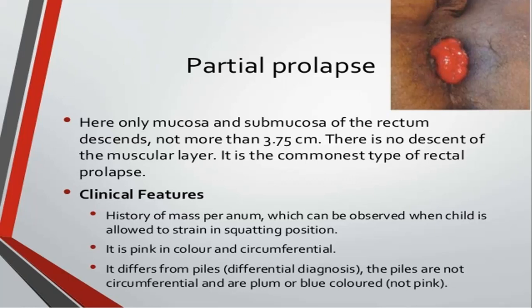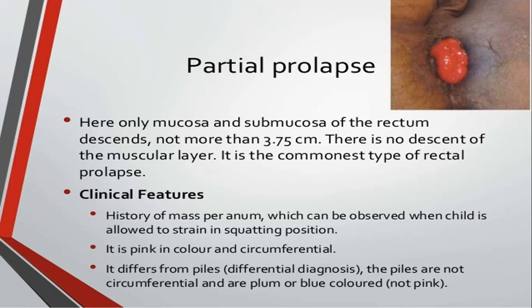It is not more than 4 centimeters, around 3.8 to 4 centimeters, like two finger breadths. There is no descent of the muscular layer, and it is the commonest type of rectal prolapse. So you confirm it's a partial prolapse, and it doesn't lead the muscular layer to come out from the anal verge.